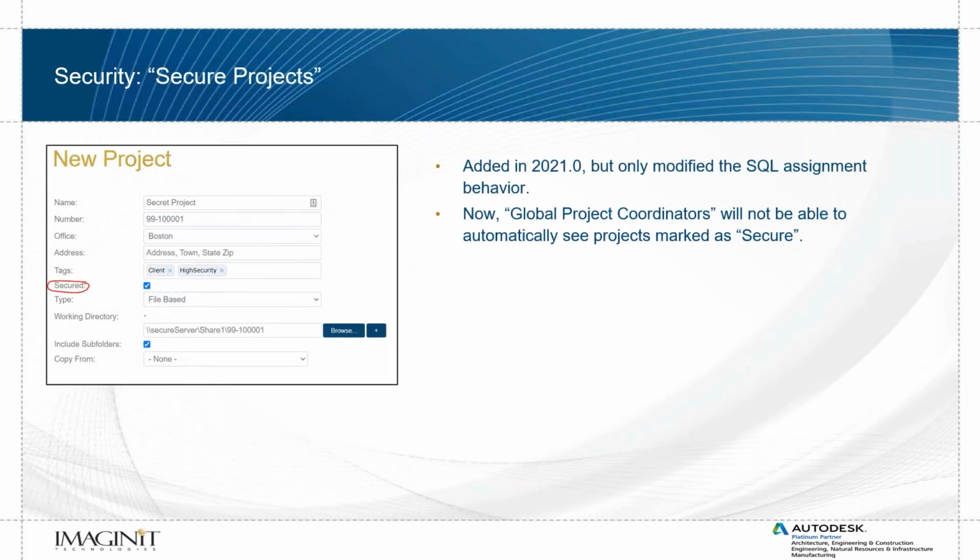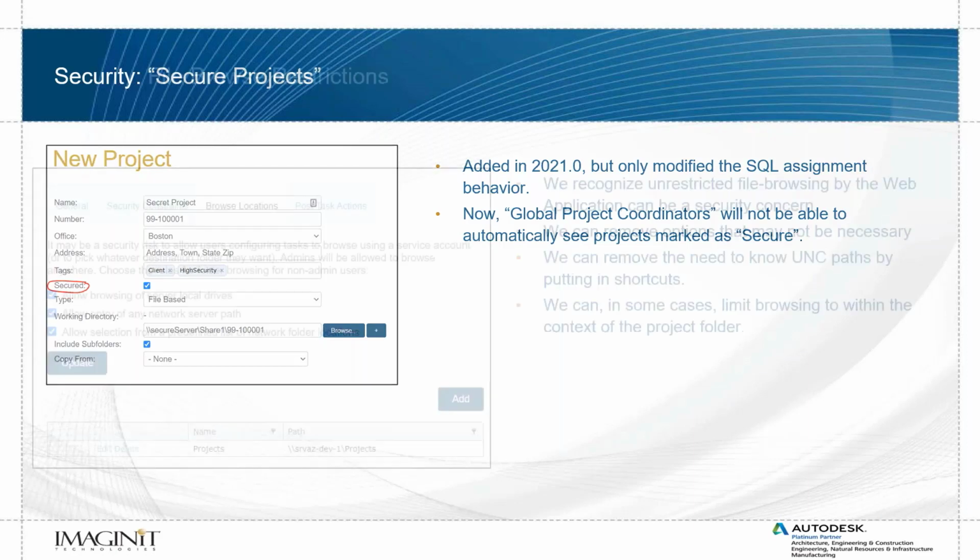so on the security side of things, for people who have certain projects that have higher security than other projects, we've got some more fine-grained control over rules about who's allowed to automatically see these things.